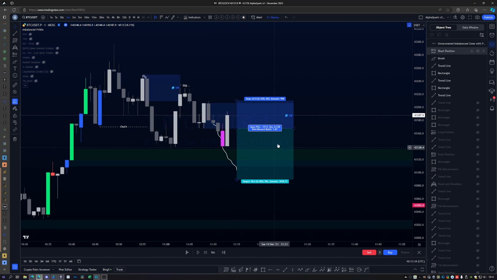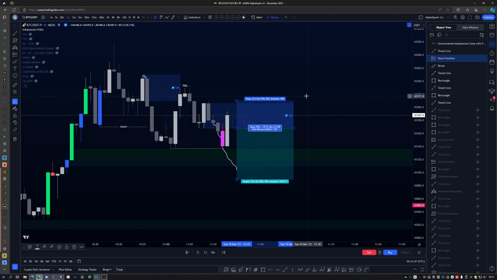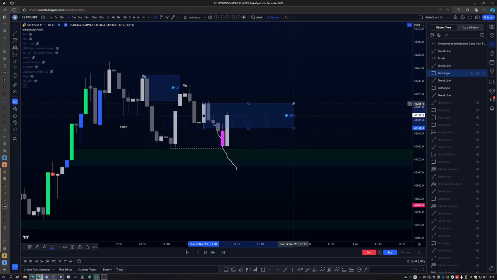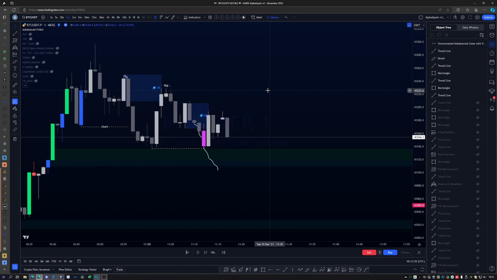Okay, so in theory we would not be in this trade because it didn't make a break of structure, right? I'll leave it there anyway, just for reference.